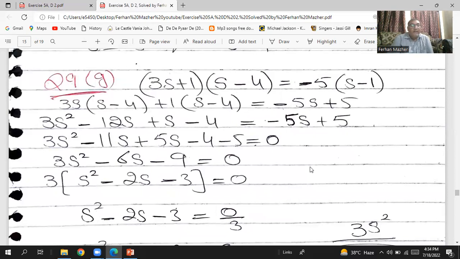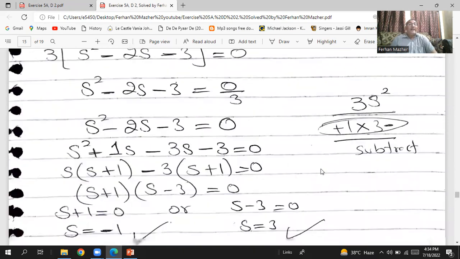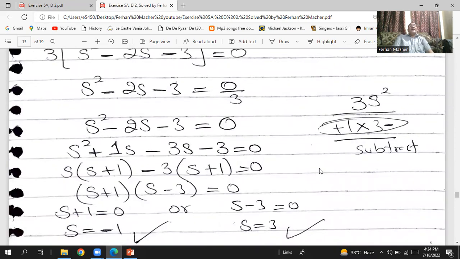So take the 3 common. So you will have 3[s² − 2s − 3] = 0. That 3, which is multiplying with the square bracket, will go to the other side and divide the 0, and it will become 0. So you will have s² − 2s − 3 = 0.